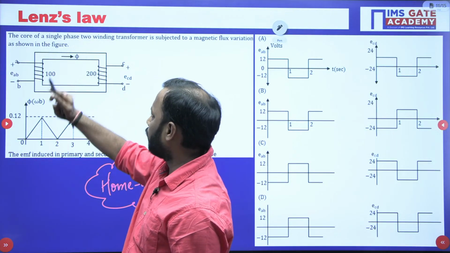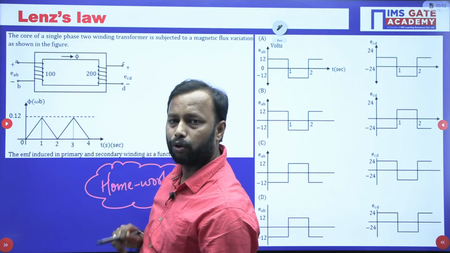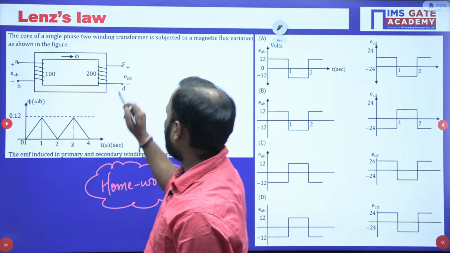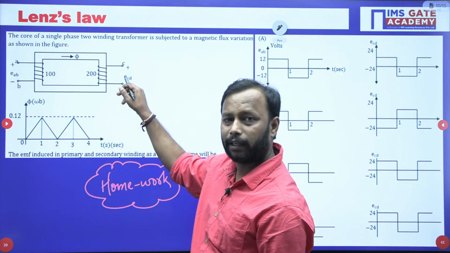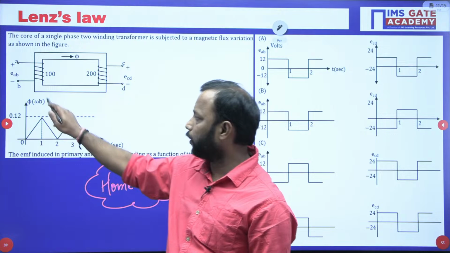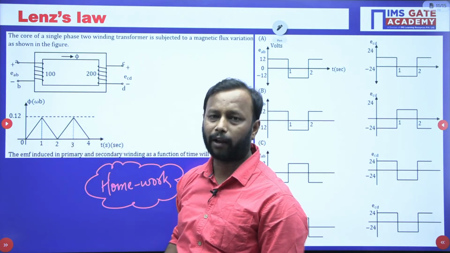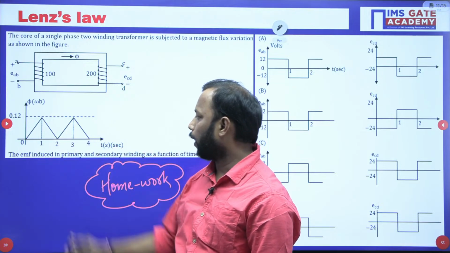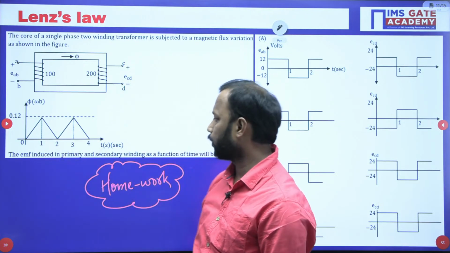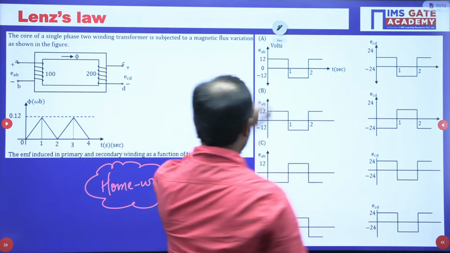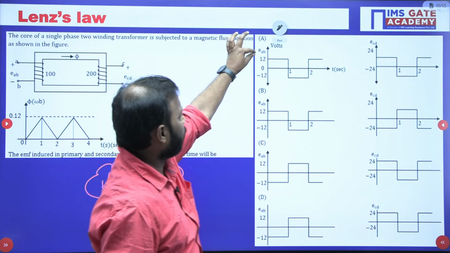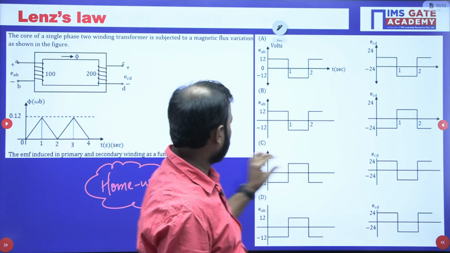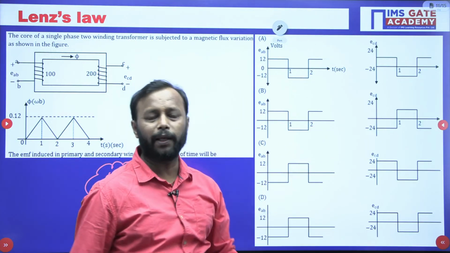N1 turns is 100, N2 turns is 200. Then what will be the EMF EAB and EMF at the secondary side ECD when you are having the flux like this, a triangular wave? ठीक है? So peak is 0.12 and time period is 2 seconds. So we need to find the EMF EAB and ECD. So this is option A, option B, option C and option D. So please do solve it.